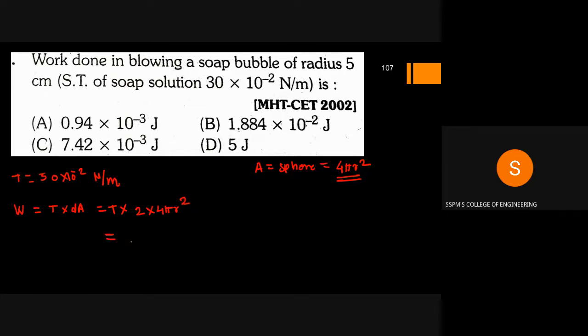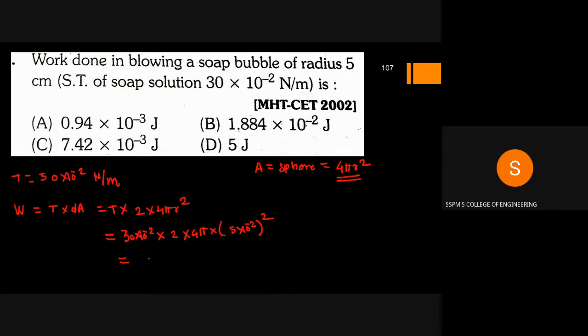So surface tension is 30 × 10 to the power minus 2 into 2 into 4 pi into r, where r is 5 centimeter, so 5 × 10 to the power minus 2 meter, squared.